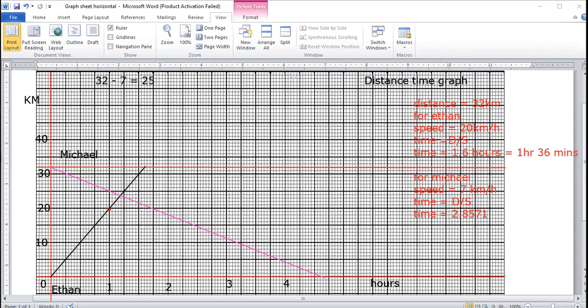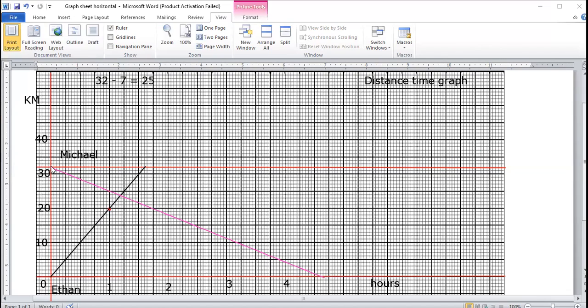I'm not using this part, so I have erased it. I have used this. Ethan is moving with a speed of 20 kilometers per hour. So for 1 hour, I have marked it on 20, and then I have passed a line from 0 to 20 till the destination of 32 kilometers.